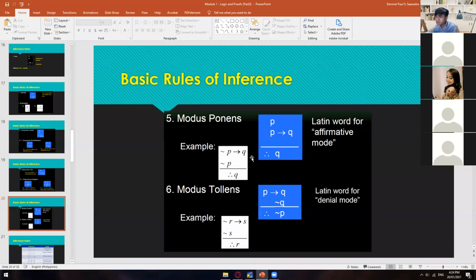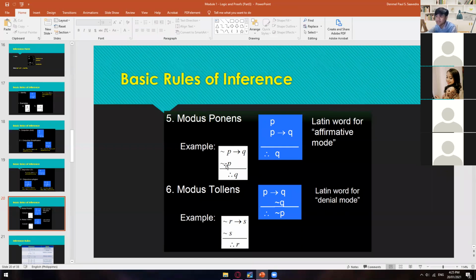Then we have another format here for modus ponens. We have here negated P, conditional Q. Assuming that negated P is true, conditional Q is also true. And it is saying that negated P is really true.